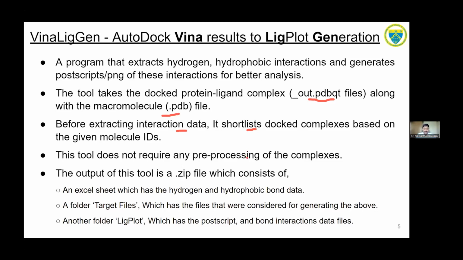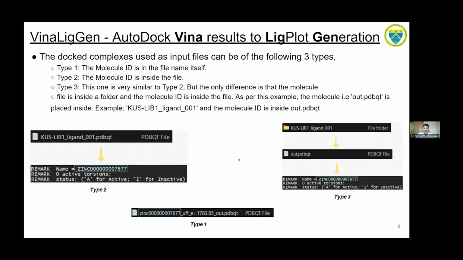Then we will have the tool which does not require any pre-processing. We can provide the zip file, and it works fine in generating the results. So we have made it for 3 situations.